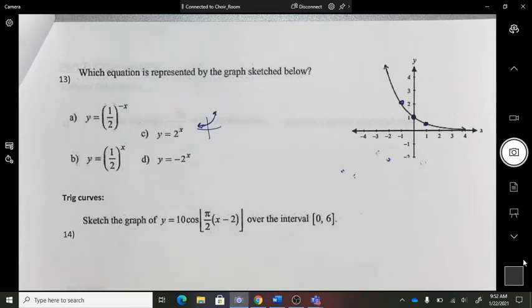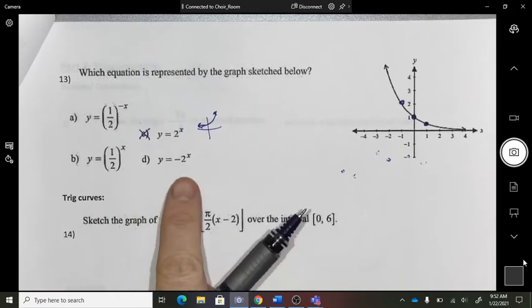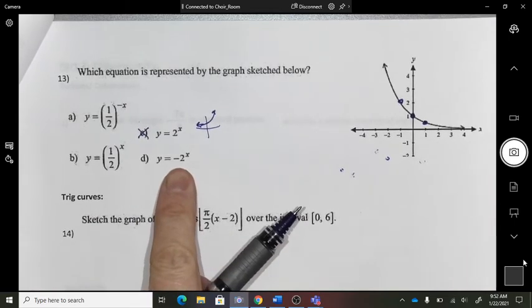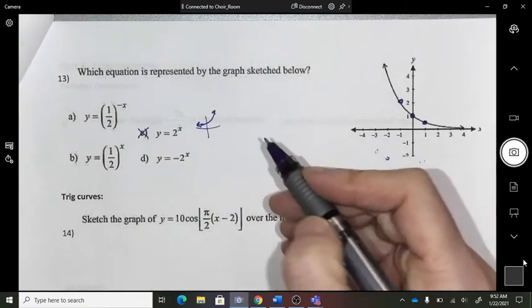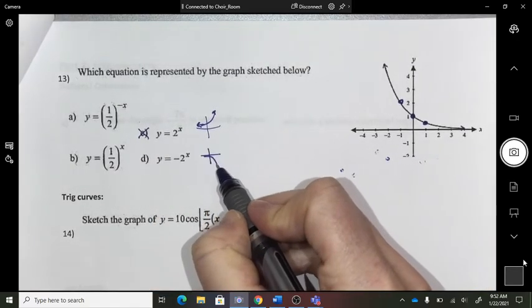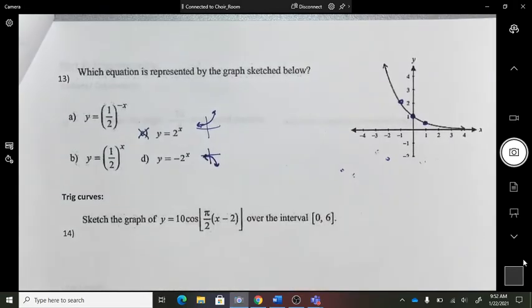So I already know I'm not that one, right? This one reflects downward. That's a reflection, right? Like that. So I know it's not that one.